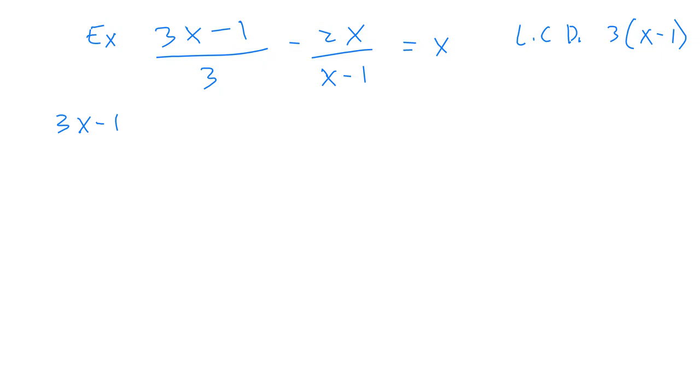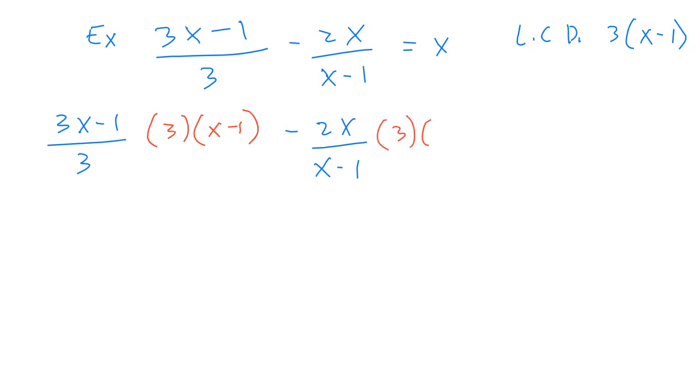So I will say 3x minus 1 over 3 and multiply by the LCD, which is 3 times x minus 1. Then just copy the second rational expression and multiply this by 3 times x minus 1, and on the right side of the equation you also multiply the LCD, which is 3 times x minus 1.